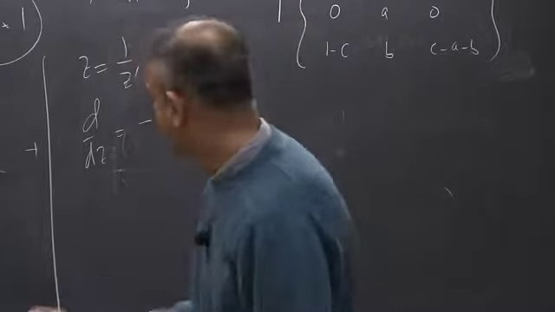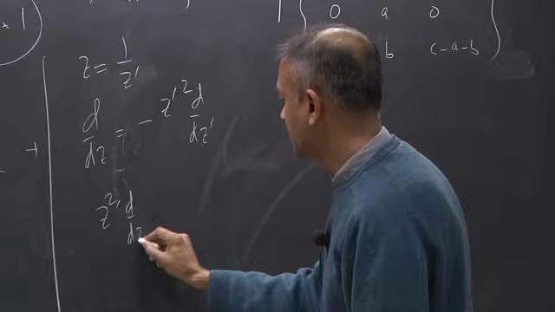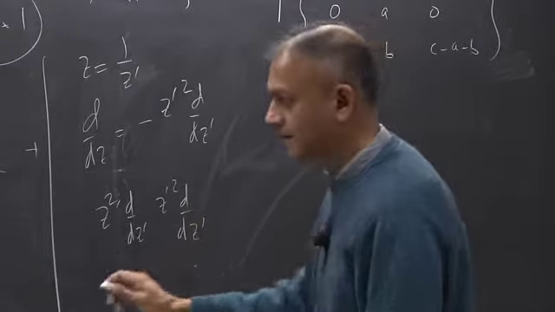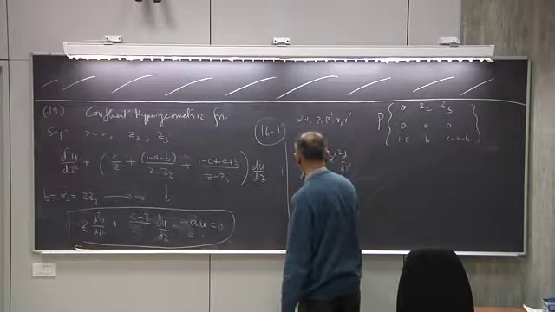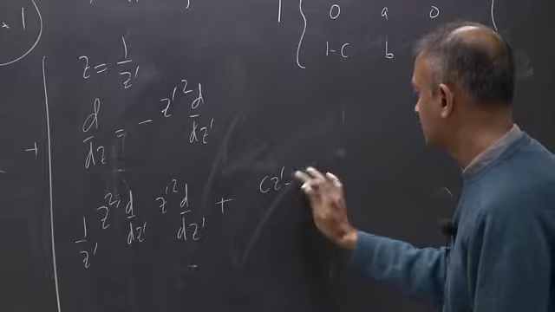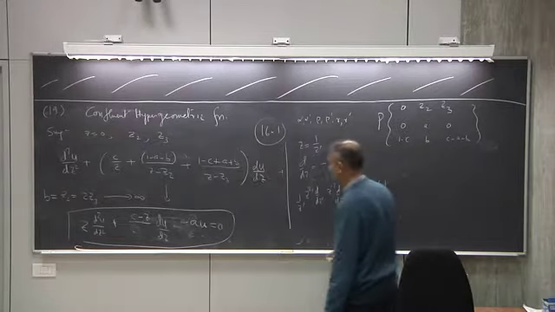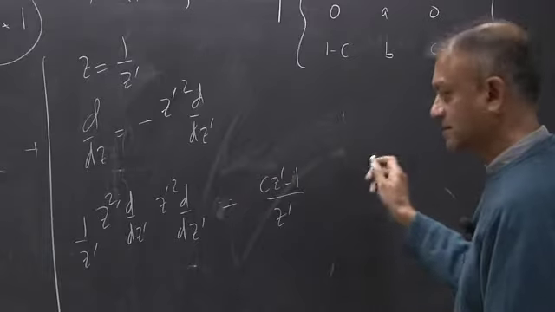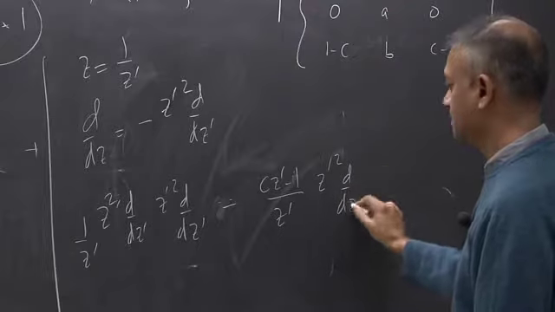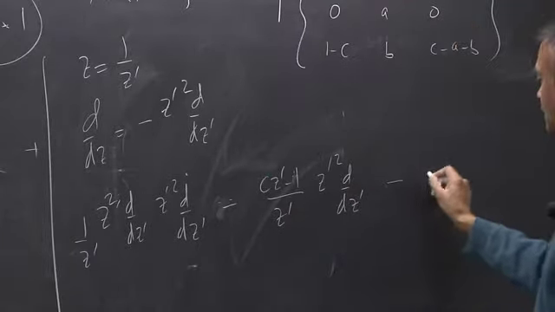So that becomes Z prime squared d by dz prime, Z prime squared d by dz prime, and then that is 1 over Z prime. And then here you get C Z prime minus 1 divided by Z prime, and then du by dz, so it's again another minus Z prime squared d by dz prime. And then finally minus AU.